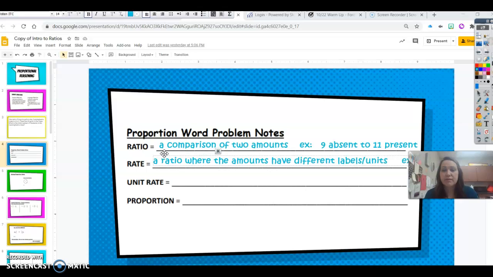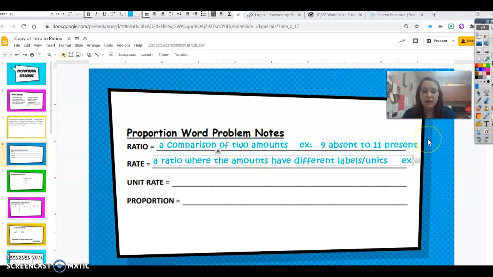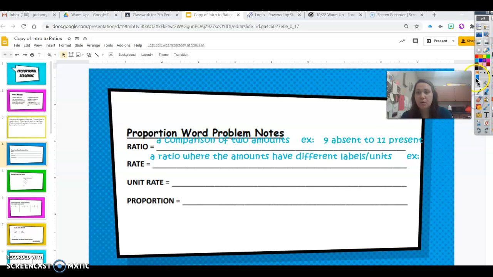So an example of this would be, let me put myself up here, when I go to Kroger, I buy apples and I usually get 4 apples. Let me use a different color. I usually get 4 apples for $2. Okay, so my units up top would be apples and my units on the bottom is dollars.